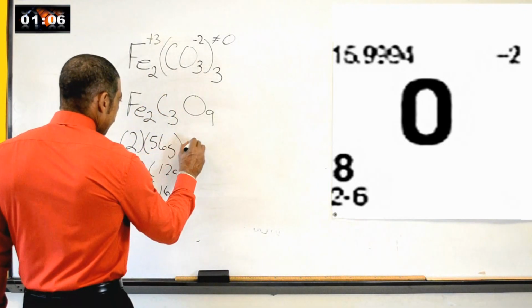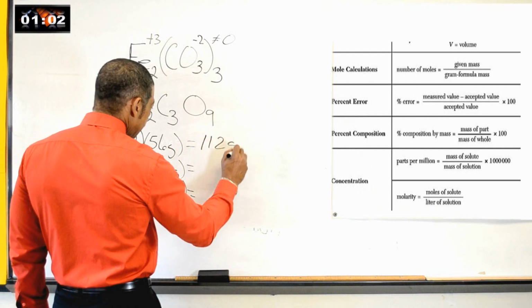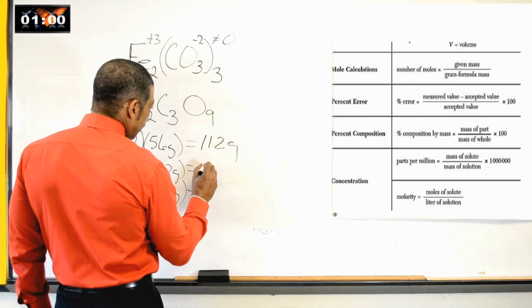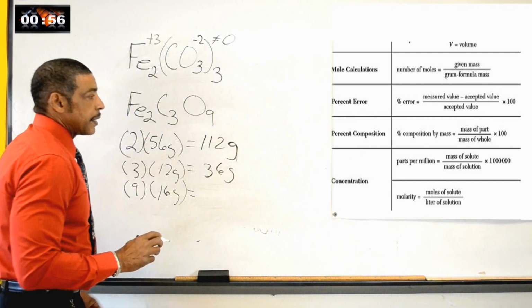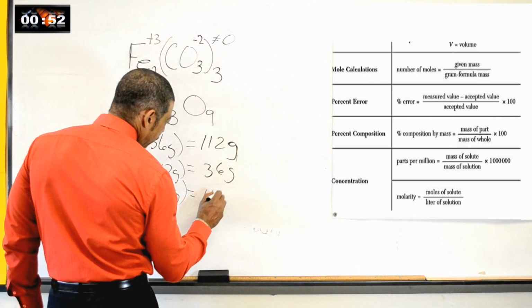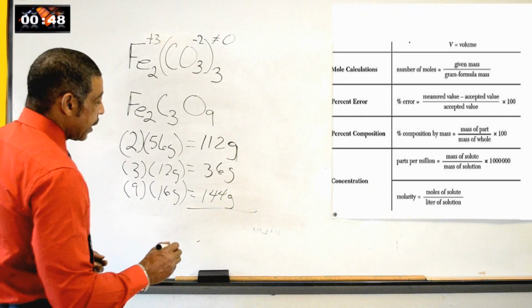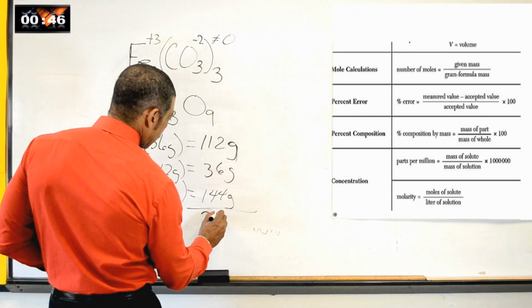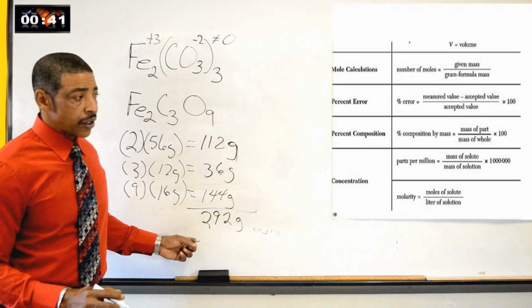Okay? 2 times 56, 112 grams. 3 times 12, 36 grams. And 9 times 16 will be 144 grams. Now we add them all up to get the total, and the sum will be 292 grams. This represents the total. This represents the whole.